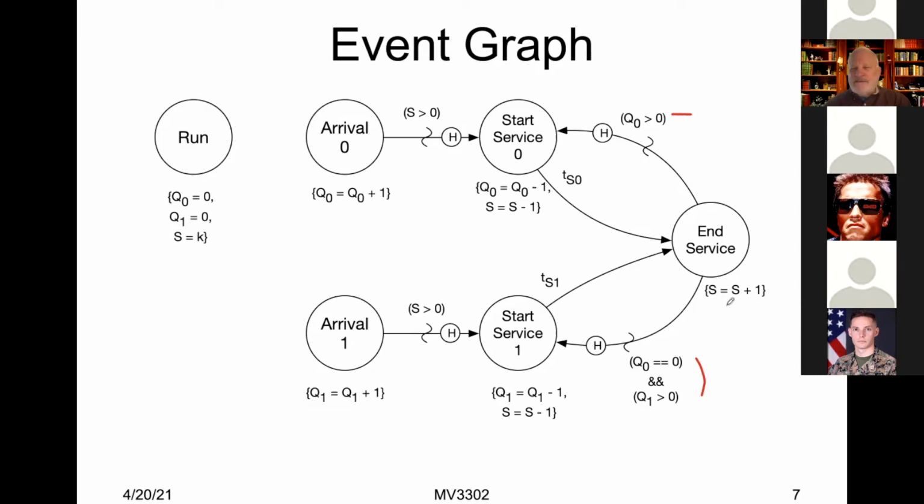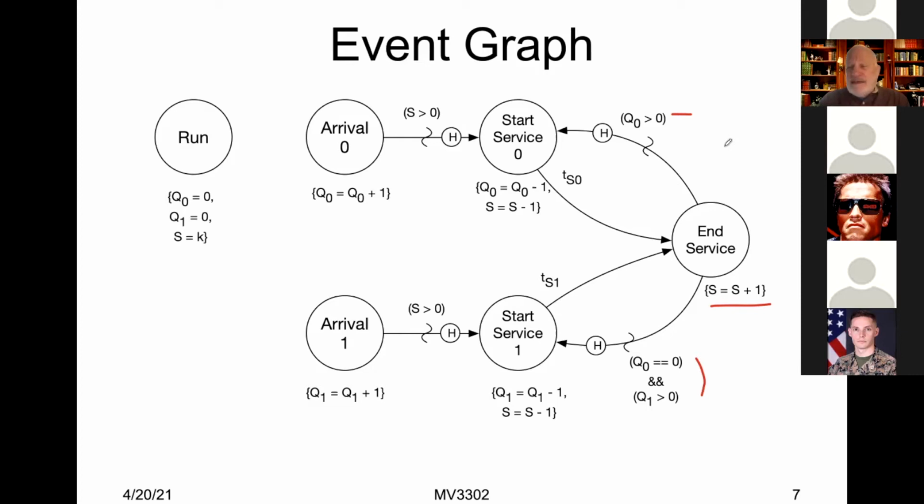Exactly. Yes. So it wouldn't hurt anything, but it wouldn't be necessary, because remember, this is being scheduled from the end service event. And so S has just been incremented. And since S can never be negative, after the end service event has executed, S is always going to be at least 1. That makes sense. Thanks. But great question.